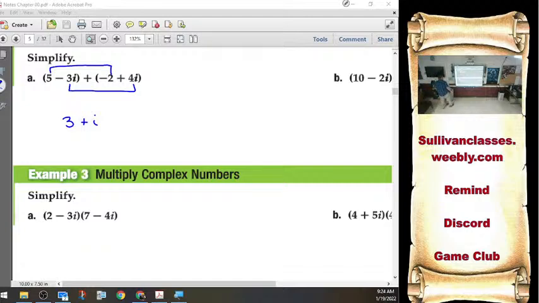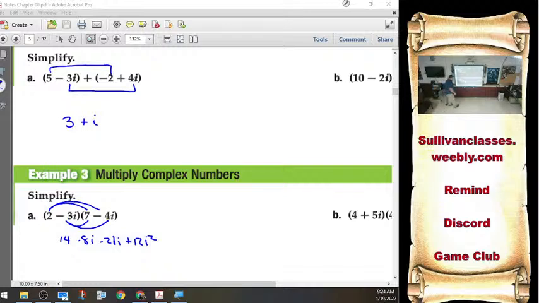Same thing goes for distribution. 14, -8i, -21i, and +12i squared. Okay?